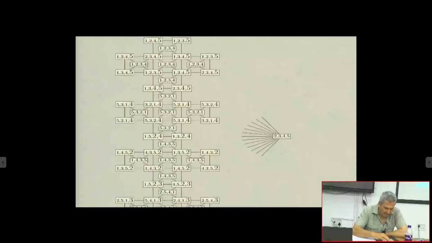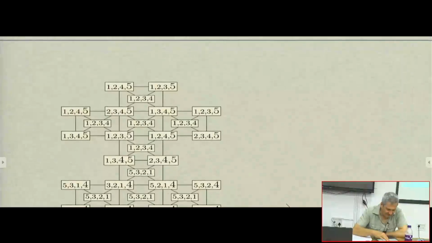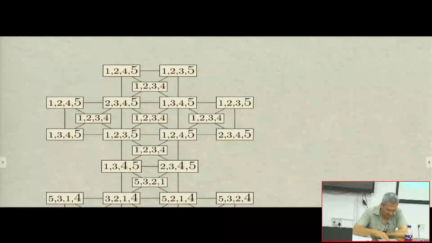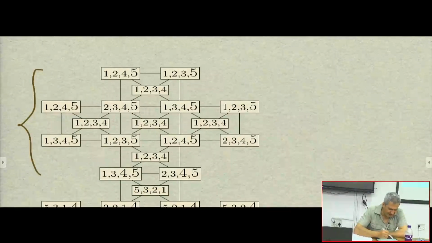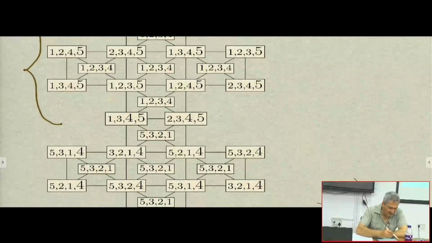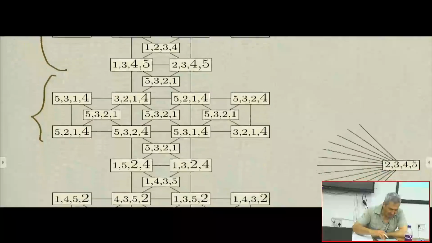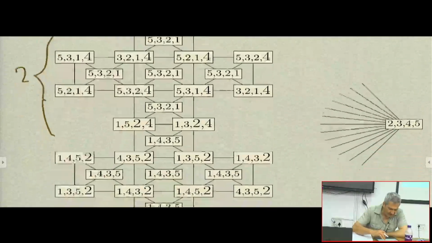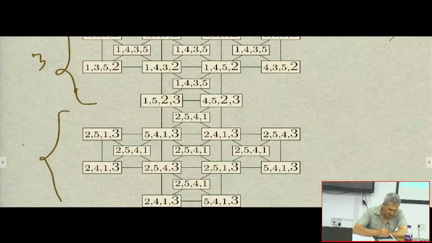Okay. What you see here, we can go like this. The first part. You see, we have here first part, first gadget. Okay? First gadget. Second gadget. Third gadget. Fourth gadget. Okay?